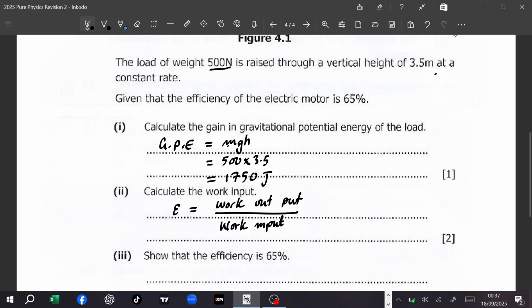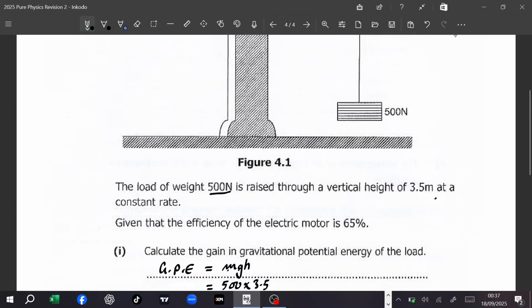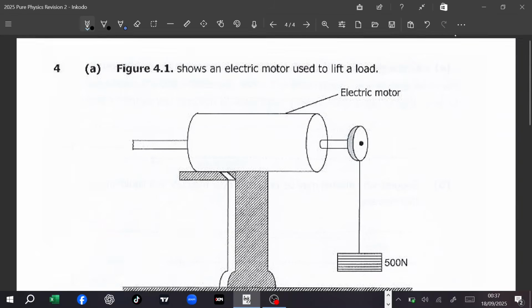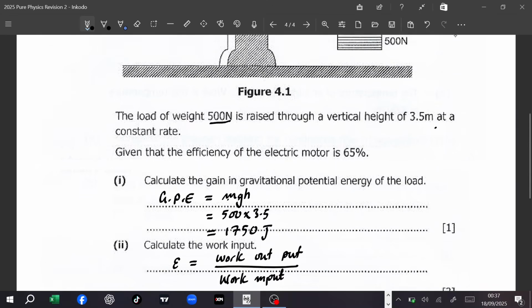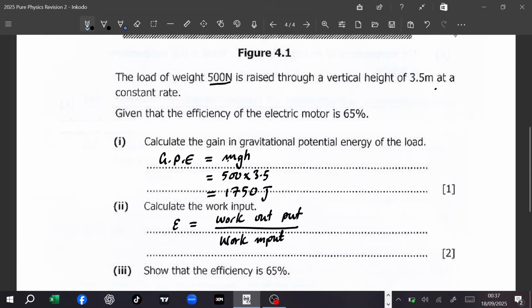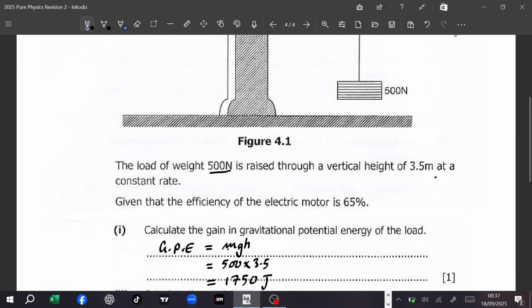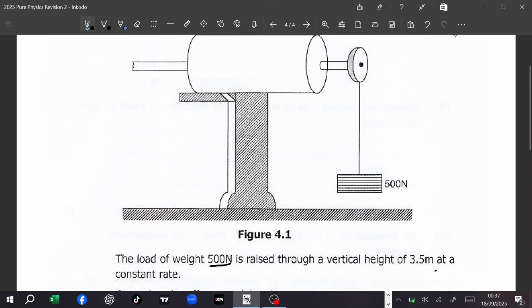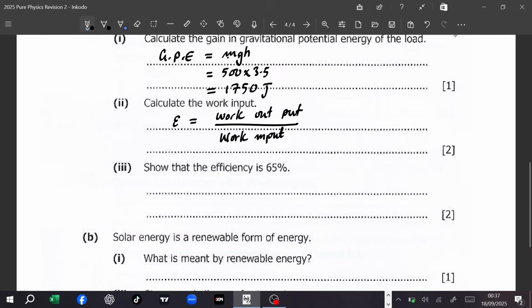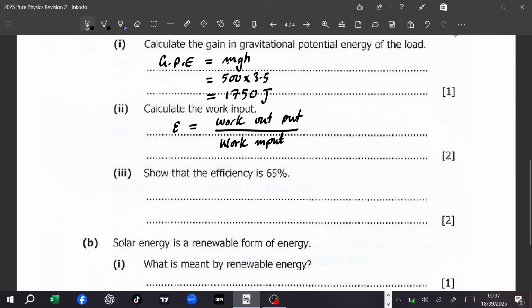Let me see if there is something I'm missing. No. So the work output is what calculates the gain in the gravitational potential energy, which is what we calculated here. So if we make everything the subject of the formula, this one times 100%.